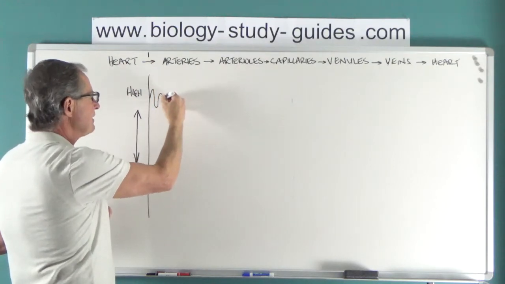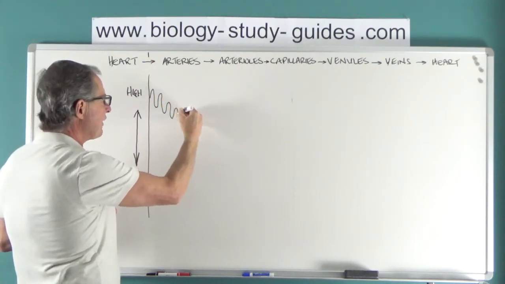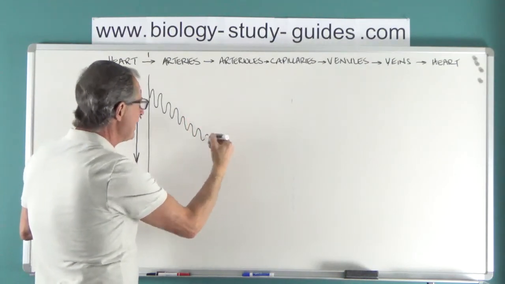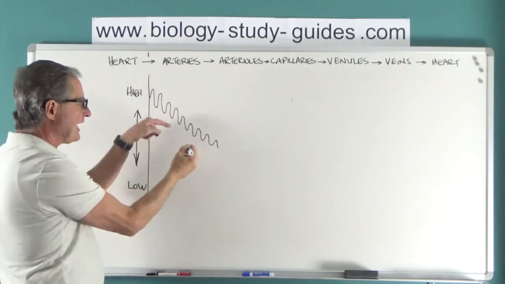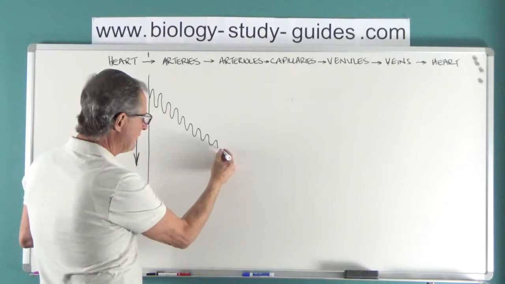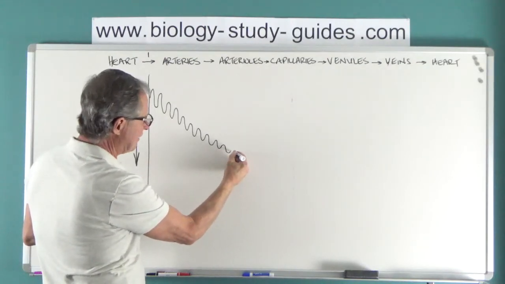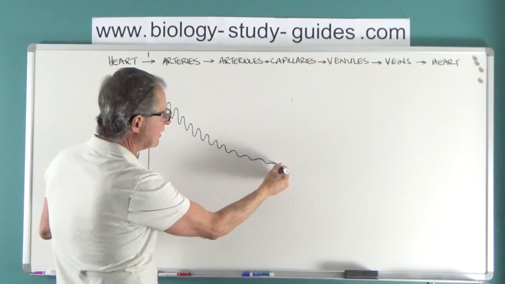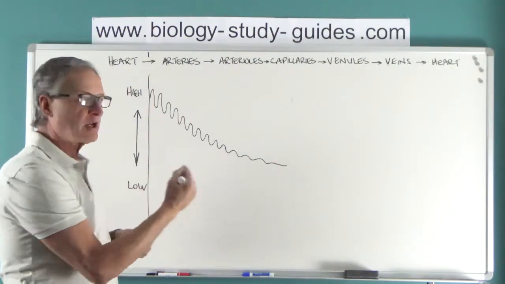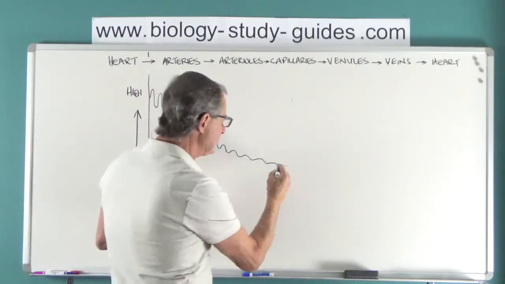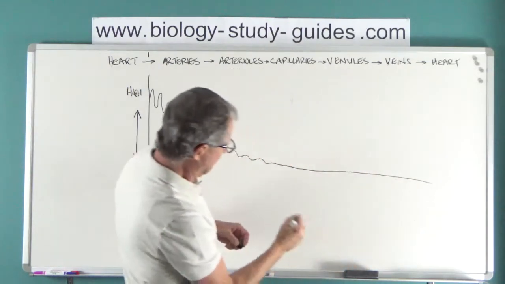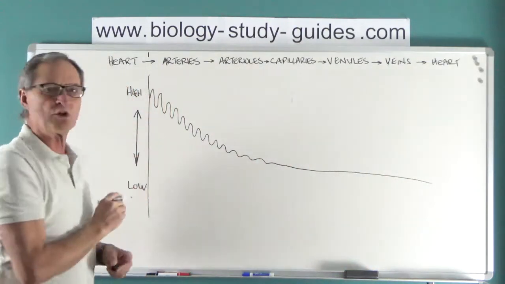As the heart beats, and as the blood gets further away from the heart, the blood pressure decreases and decreases, and the difference between systolic and diastolic, the higher pressure and the lower pressure reading, also decreases. By the time we get down to the capillaries, the blood pressure entering the capillaries is quite low, and it continues to decrease all the way back to the heart.